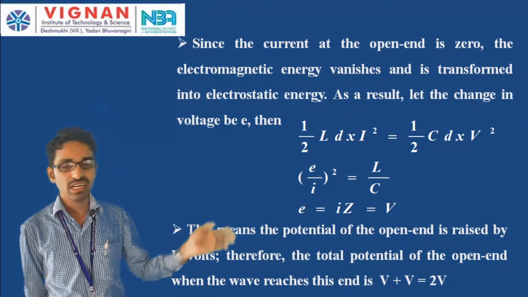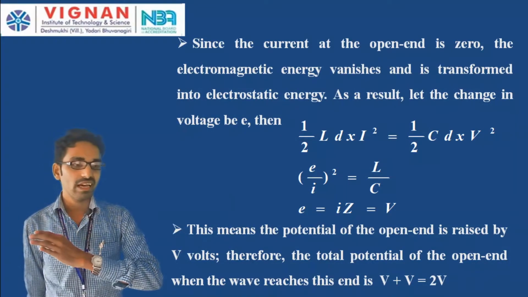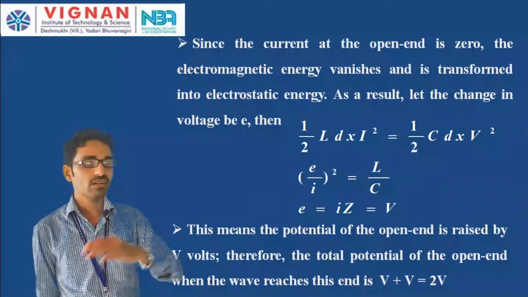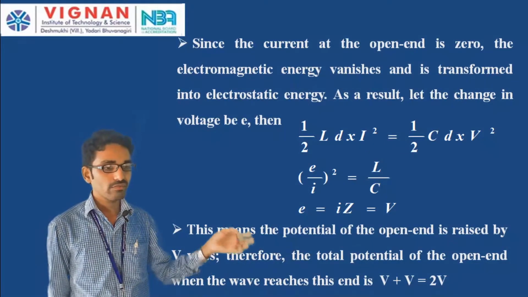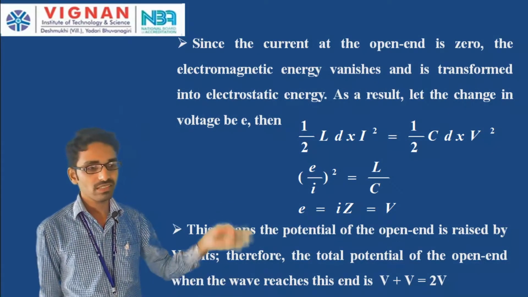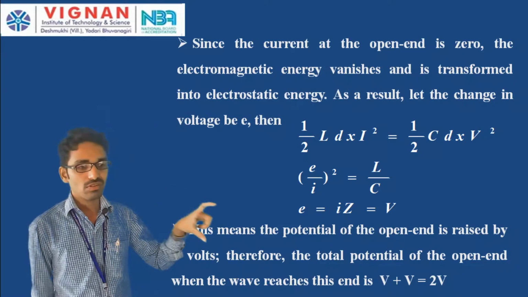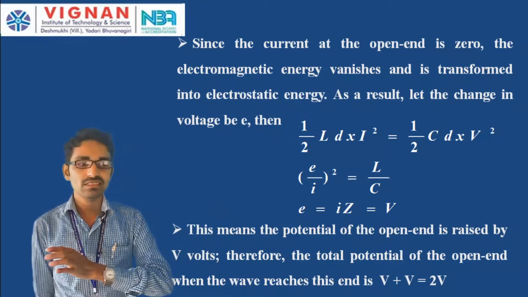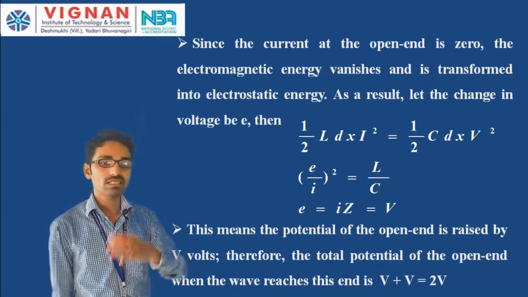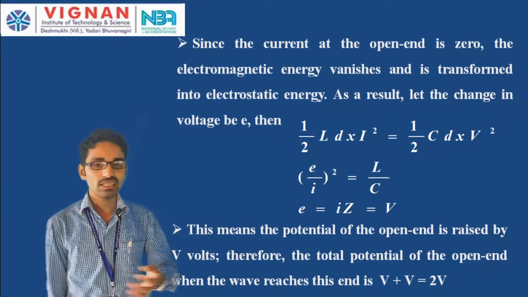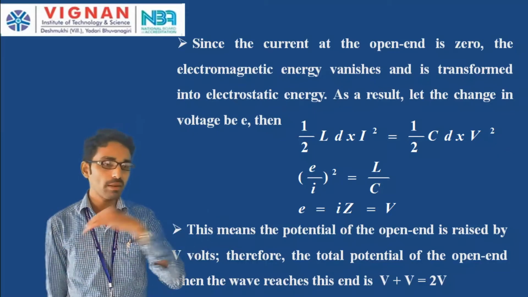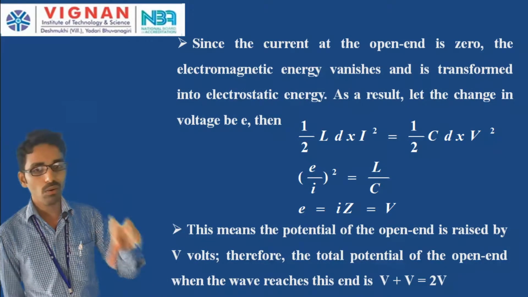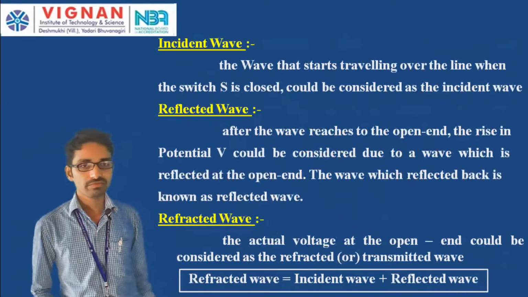First it travels with a voltage of V, then it reflects back and travels towards the sending end, reaching it with a voltage of 2V, that is V plus V. The incident wave voltage is V first, and then it is reflected back with a positive sign, that is plus V. V and plus V reflected back, that is 2V total. Total voltage is 2V.